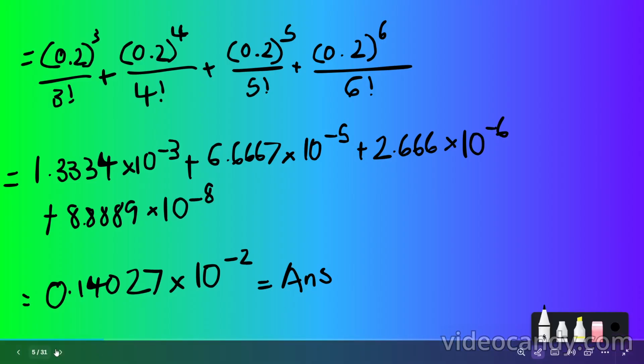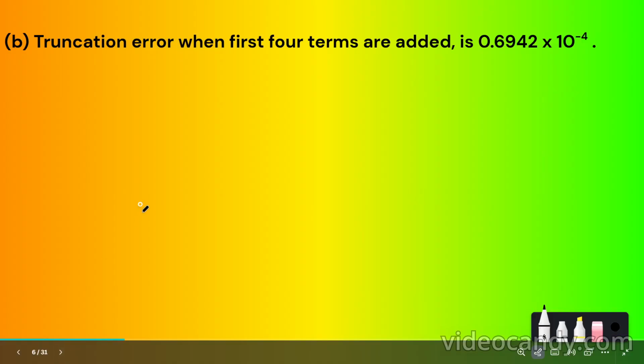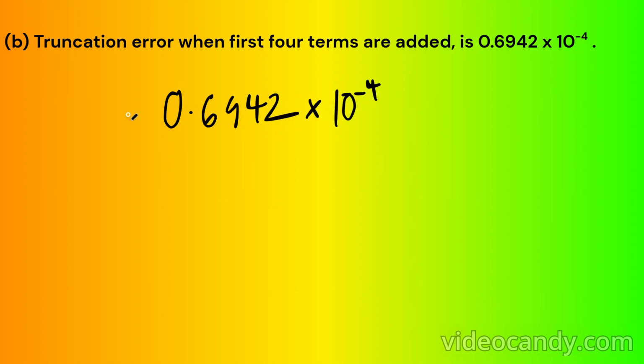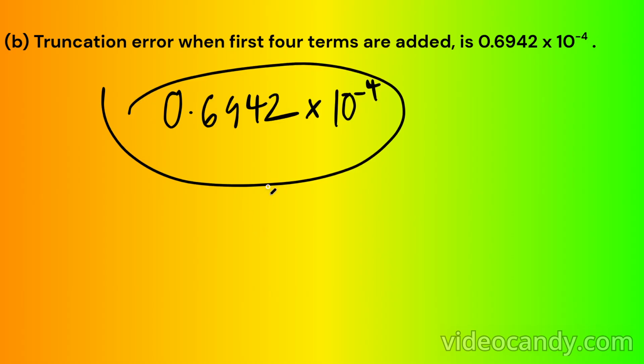Next, the truncation error when the first 4 terms are added is 0.6942 times 10^-4. So this is the answer.